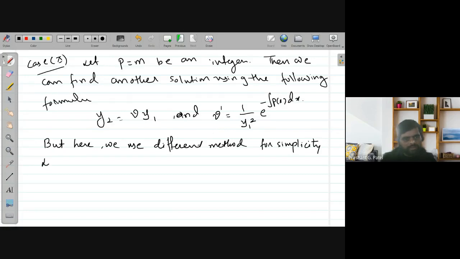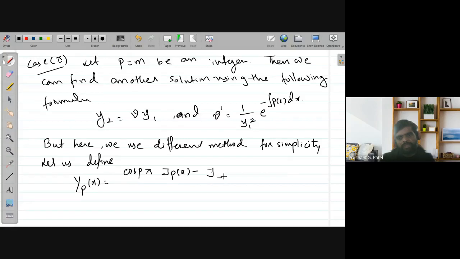Let us define Y_p(x) as cos(pπ) J_p(x) minus J_(-p)(x) upon sin(pπ). Now the question is how someone thinks of this function.